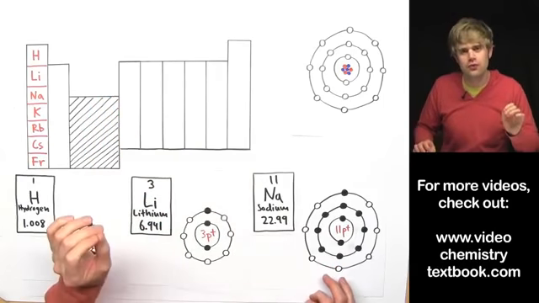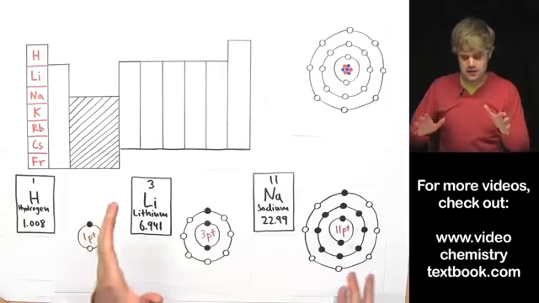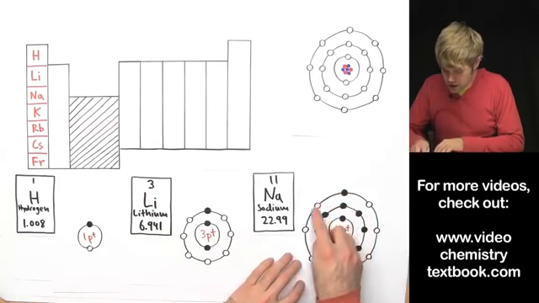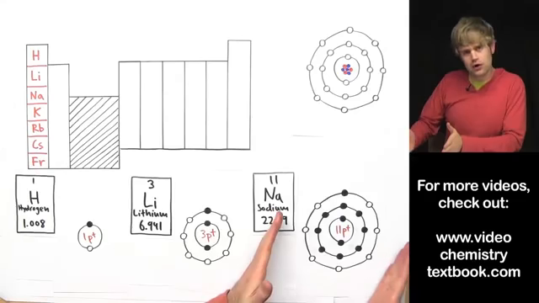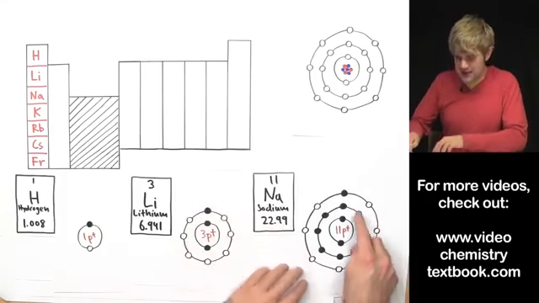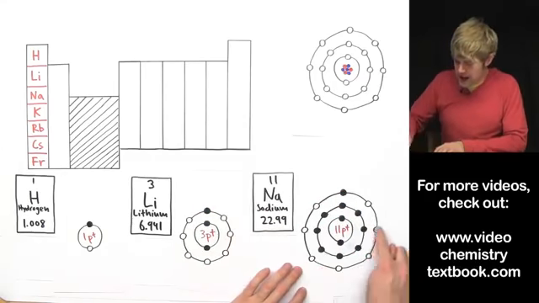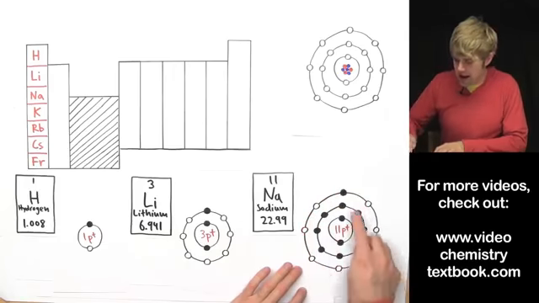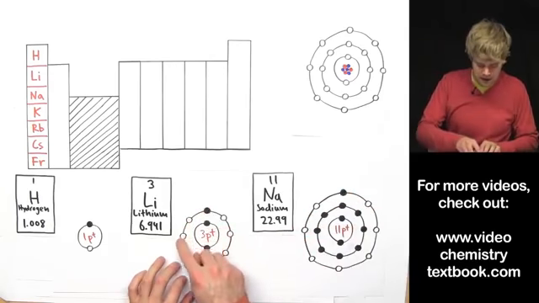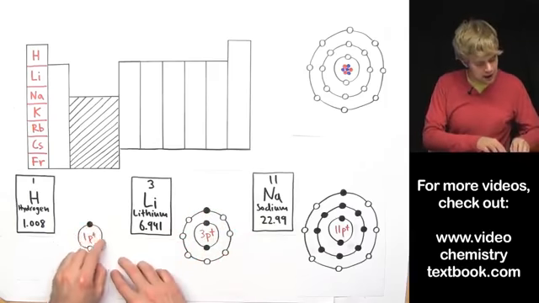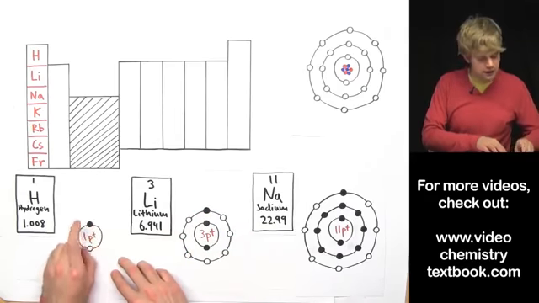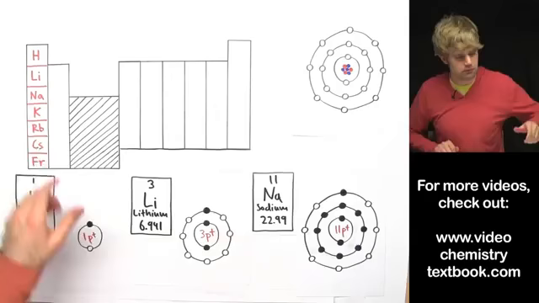But all you have to know for right now is that the valence electrons are the electrons in the energy level that is the furthest out from the nucleus. So in this atom, the valence energy level is the third, and it has 1 electron. And here, the valence energy level, the furthest out, is the second. And here, it is the first.